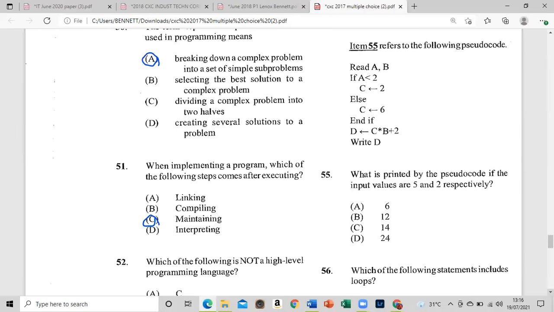Alright, so that's A greater than 2. Values 5 and 2 respectively. So first, that's read 5, read 2. If A, so A of 5, which is greater than 2. Yeah, 5 is greater than 2, so read 2.